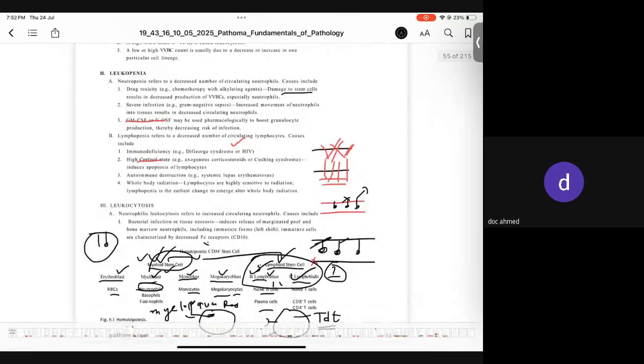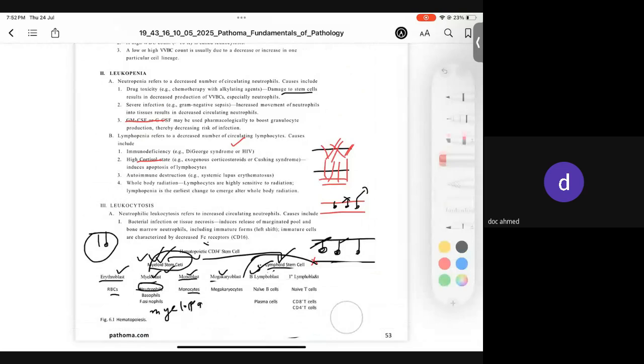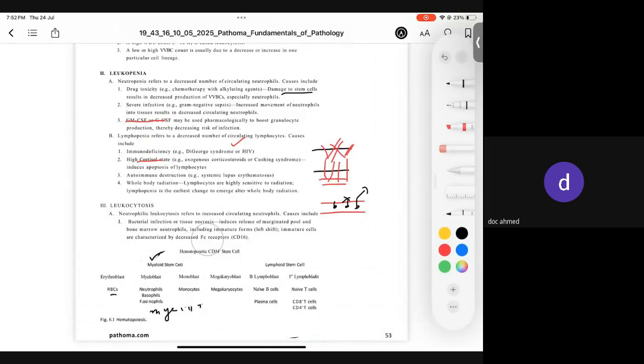Let's start from the very beginning. Let me erase it. What is leukemia? Leukemia is basically a cancer. Whenever we see the word acute, it means it's going to be a cancer of blasts. Now the question should arise that blasts are present in the myeloid lineage as well as the lymphoid lineage.